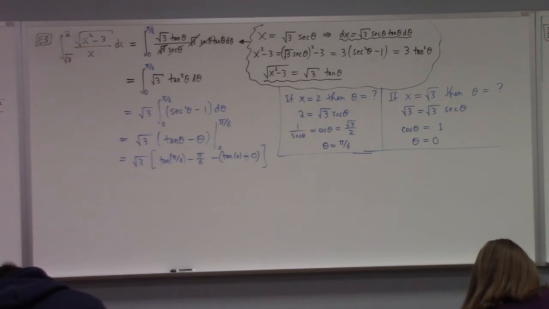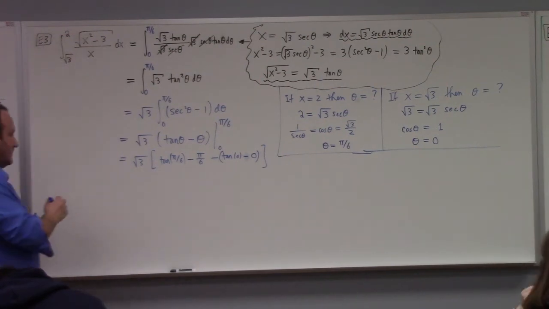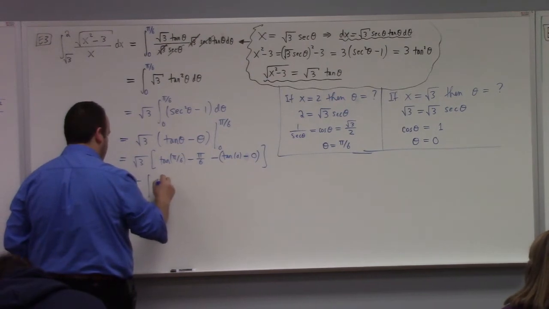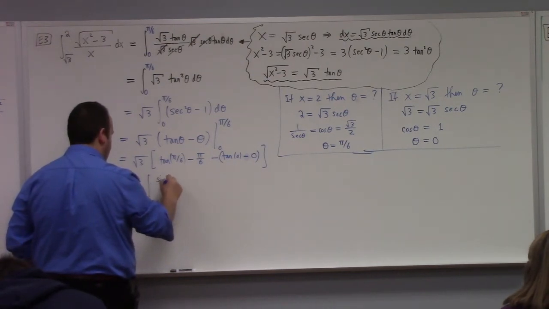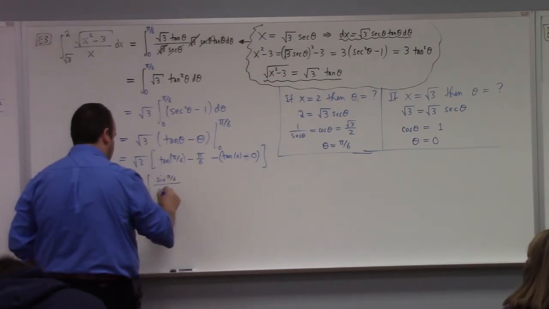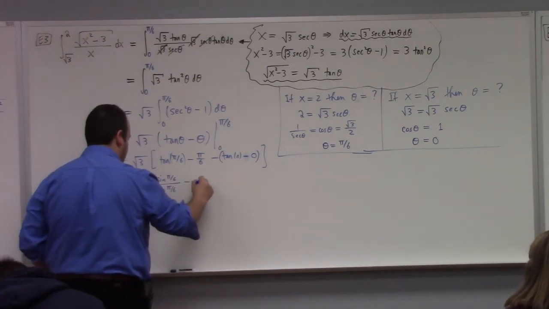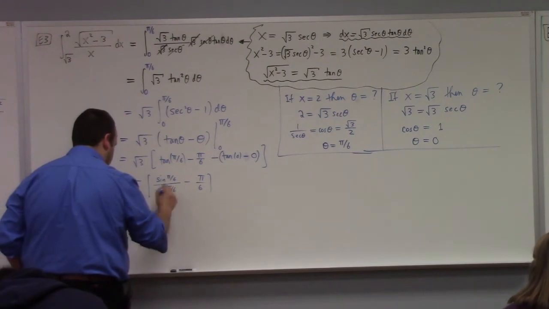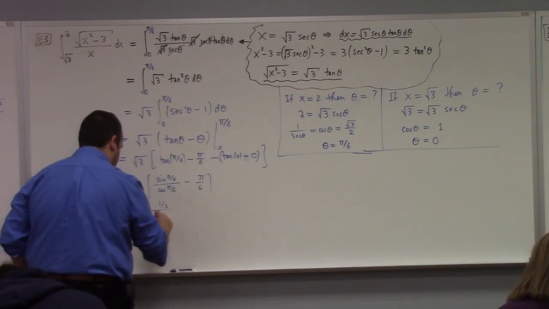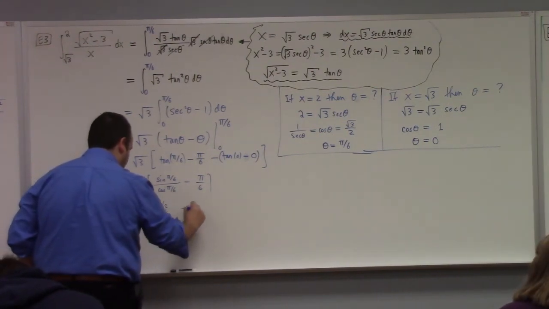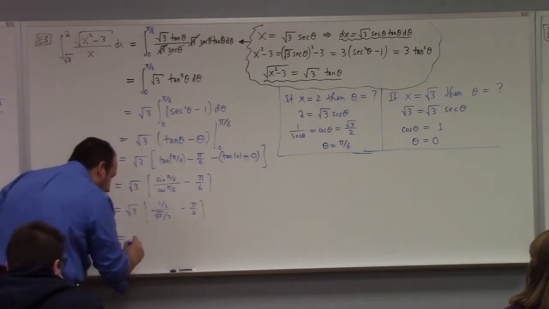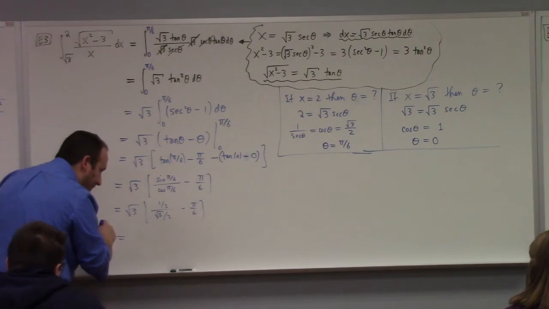What's tangent of pi over 6? So we got sine pi over 6 over cosine pi over 6, which I think you guys told me a second ago. Sine of pi over 6 is a half. Cosine of pi over 6 is root 3 over 2. So it looks like the root 3's are canceling on the first term.